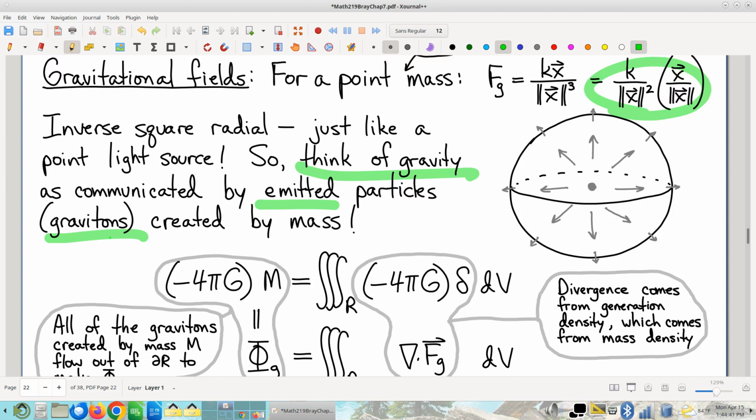Now, is this true? Oh my gosh, I don't know, don't really care. I've talked to physicists about this. You get a very long discussion of complications, and it's very sophisticated. But it doesn't matter. For our purposes, whether this is physical or not is absolutely not the point. The point is, you can think of it this way, and you will get right answers. And so you might as well pretend that this is how gravity works. So that's what we're going to do here.